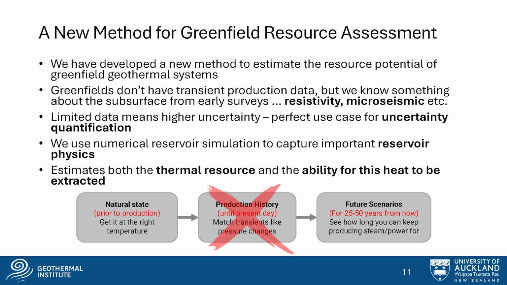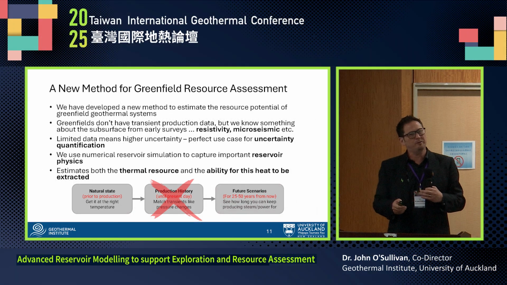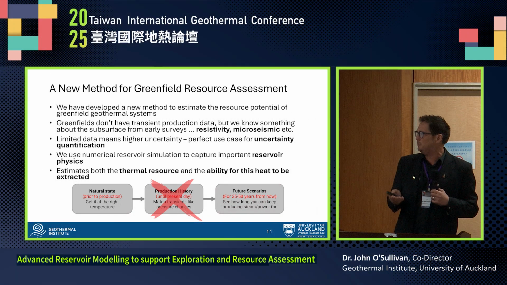And the key point is, for a resource assessment for a greenfield system, we do uncertainty quantification, but we just have no production history data. So we're only using that early stage exploration data. But the important part about it is we're forecasting forward using models that respect all of the reservoir physics and the wellbore physics. And I'll talk about it and I'm putting an example of that too.